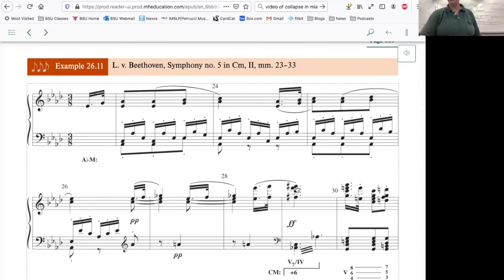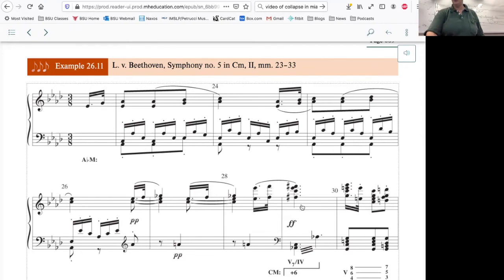So it's written as an augmented sixth chord. You need to know that F sharp is the same note as G flat, so that what we have here is either the augmented sixth chord in the key of C major, or it's an A flat major minor seventh chord, which would be 5-7 of 4 in the key of A flat major.